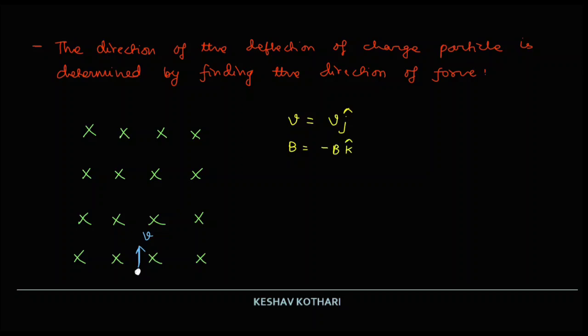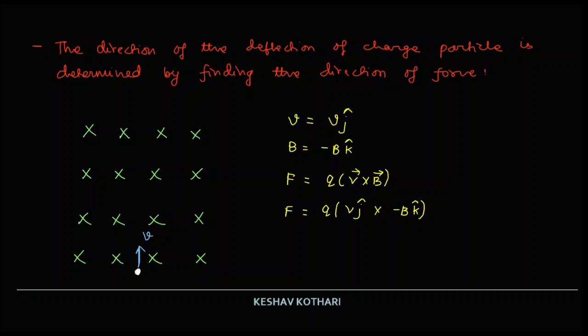So if I find the direction of F equal to qvB, considering that q is positive, the direction of force will come in the direction of v j cap cross minus B k cap.